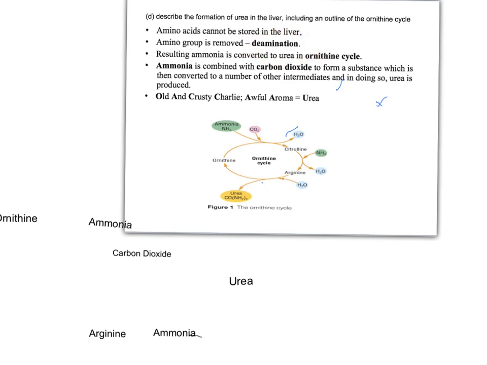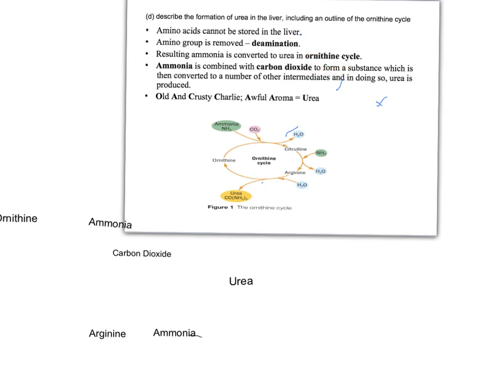Now the resulting ammonia is then converted to urea in a biochemical cycle, a bit like other biochemical cycles we've come across, such as the Krebs cycle, the Calvin cycle, and so on. It's a cycle of chemical reactions which are involved in producing things. In this case, it's a cycle which is an input of ammonia and carbon dioxide into the cycle, and an output of urea.